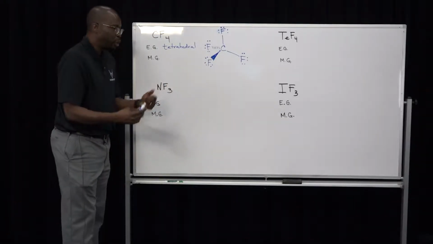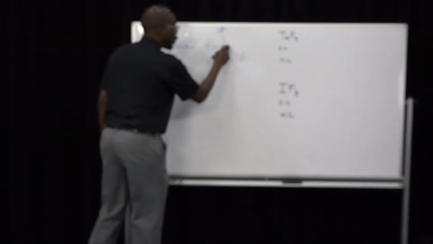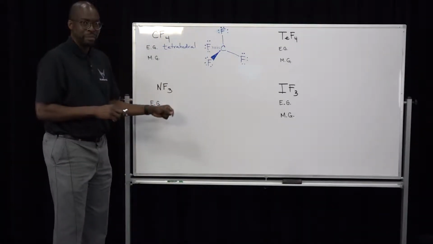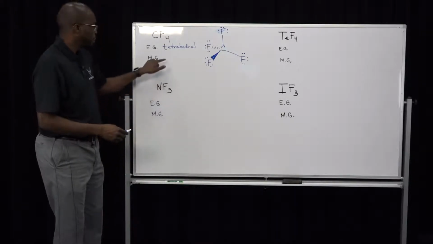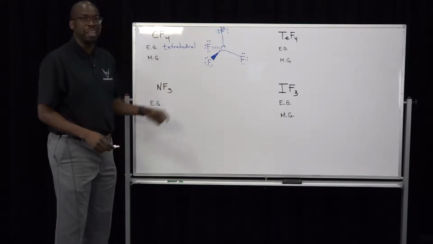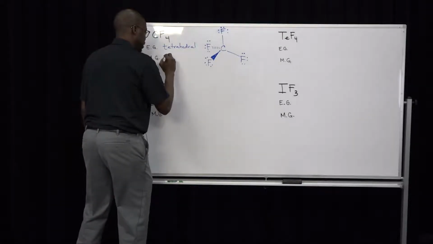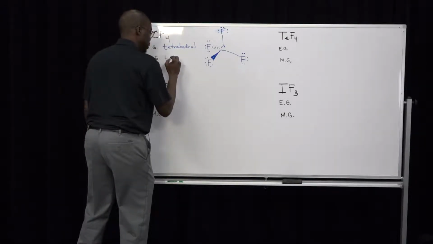And if you notice, there are no lone pairs of electrons on the central atom. So that means that the molecular geometry is the same as the electronic geometry. So here, our structure is also tetrahedral.